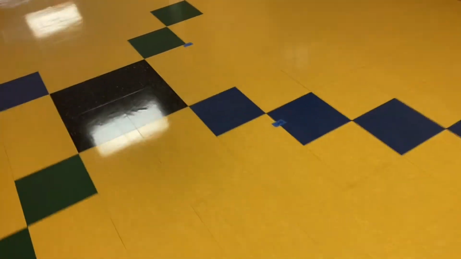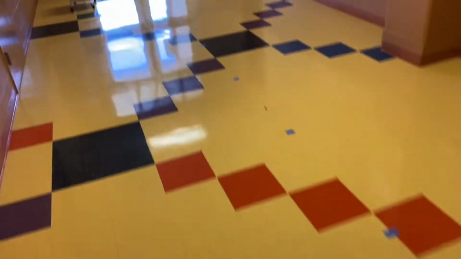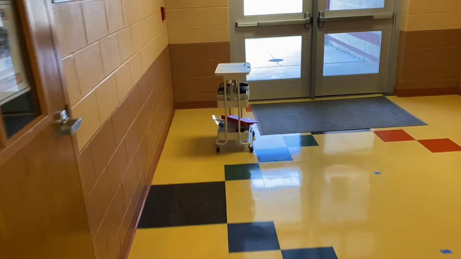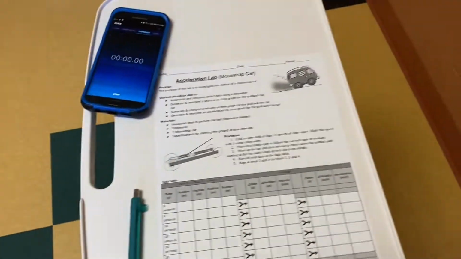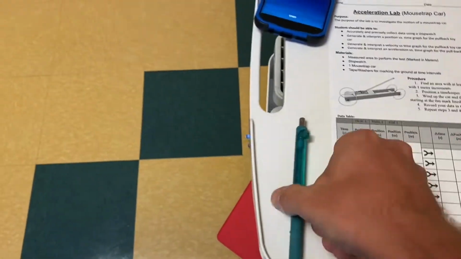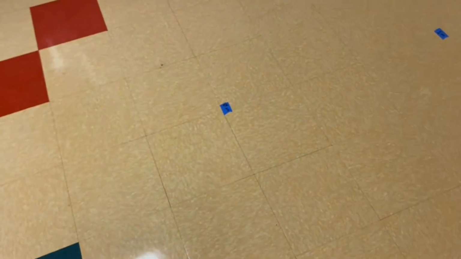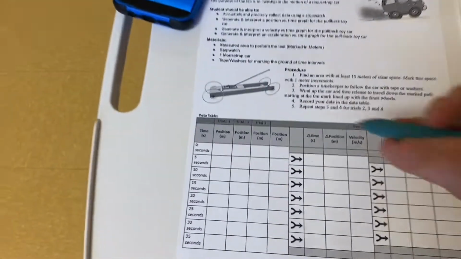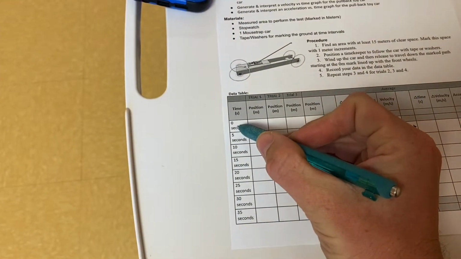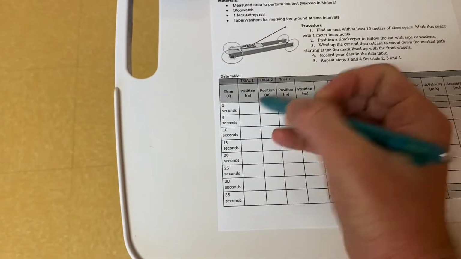All right, guys, so I am going to come back over here to my trusty mobile cart, reset that, and you guys get to watch me write some numbers. The car at 0 seconds, our position should have been 0.